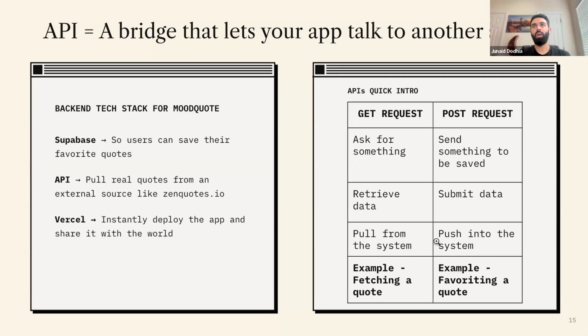And informing the database that we want to store this data, a favorite quote inside our database, is like submitting data and pushing it into the system. So it's a POST request. If you want to retrieve data, you use GET requests, but if you want to submit data, you use POST requests.